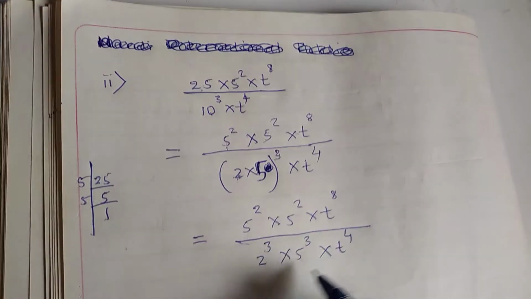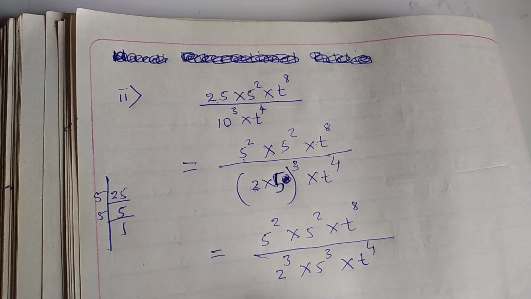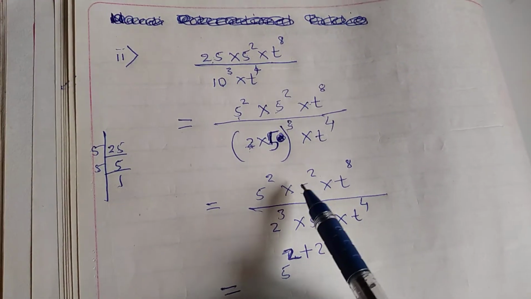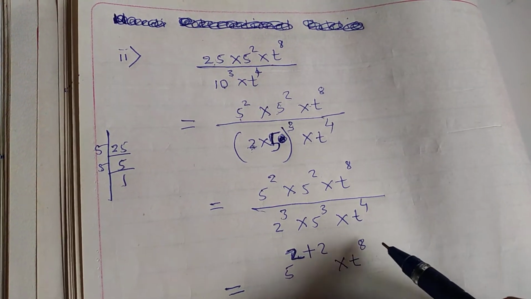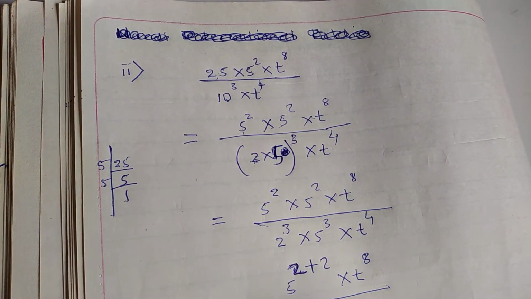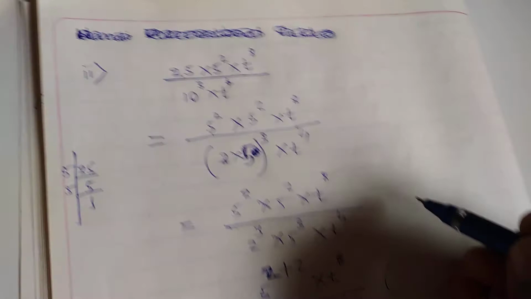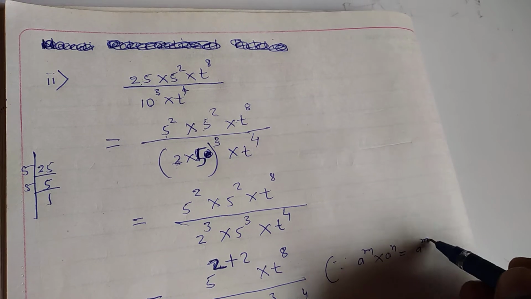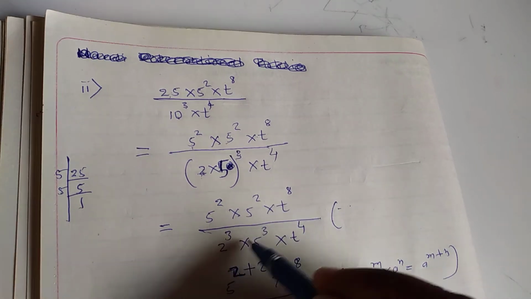So the next one, here we have to use the law of exponent, that 5 raised to 2 plus 2, and this one t raised to 8 as it is. And the downside also write as it is: 2 raised to 3 into 5 raised to 3 into t raised to 4. You have to write the reason.